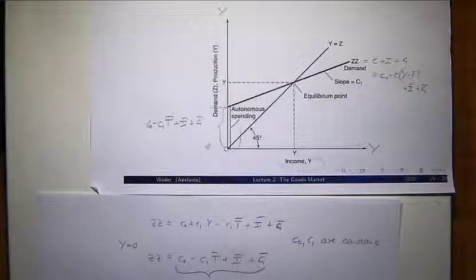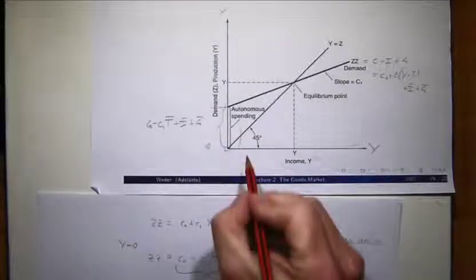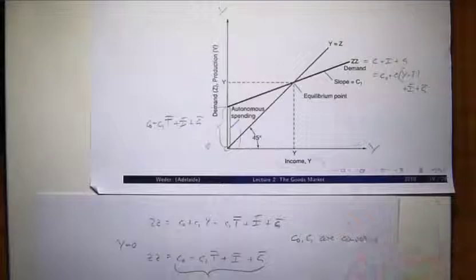Well, if income increases, people will consume more. They will not consume more than 1 for 1, because the C1 is between 0 and 1. So if my income increases by some amount, what happens?